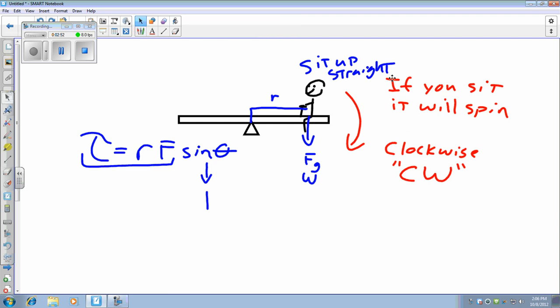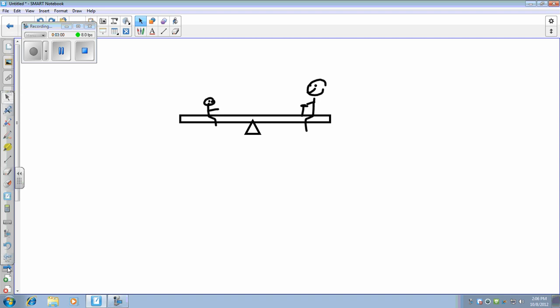Now, you don't want it to just spin, and actually if you're the only one sitting on the teeter-totter, you will probably not get much out of it. You need somebody to join you. And so you get your little brother or little sister to join you. So what we know is that you have a force and you have a weight, and that provides a torque. And it is a clockwise torque because you would make it spin in a clockwise direction.